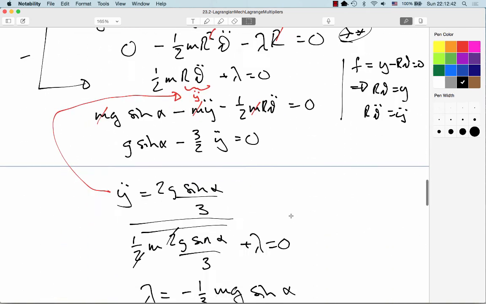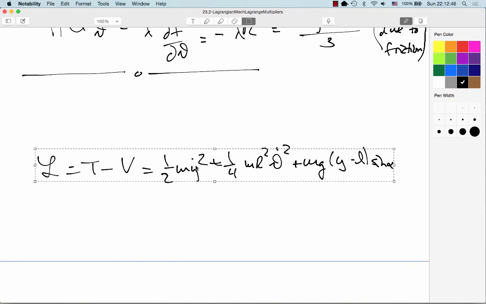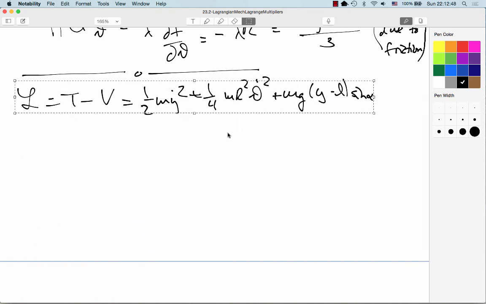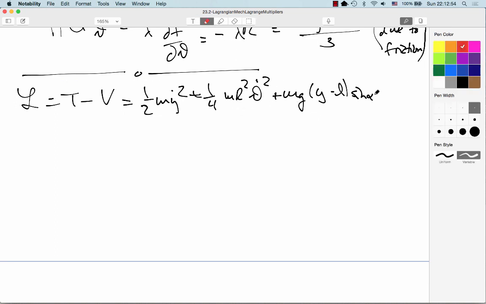Now, if we use our equation of constraint, we would have looked at this and said, this is y dot squared, okay?